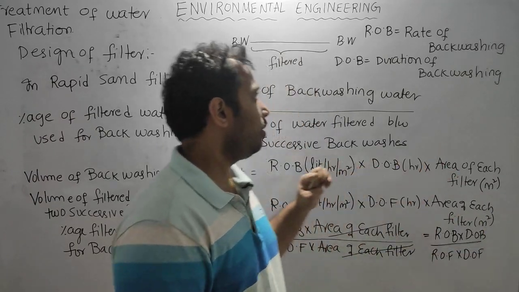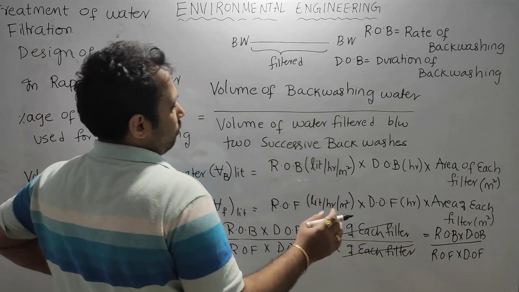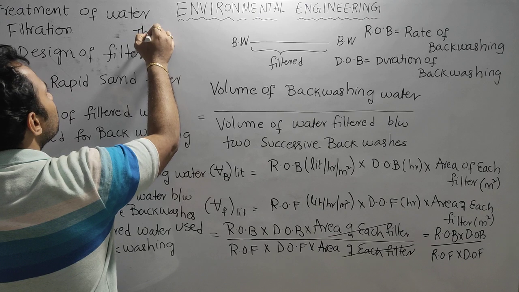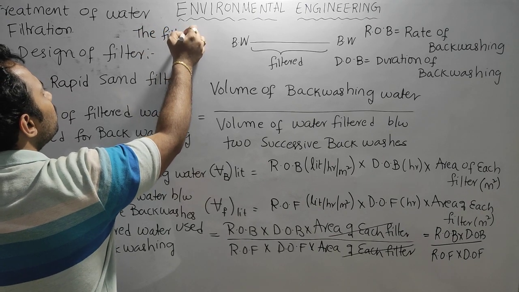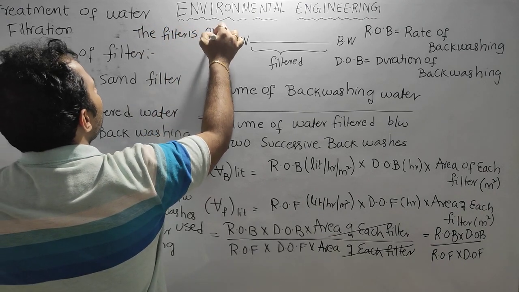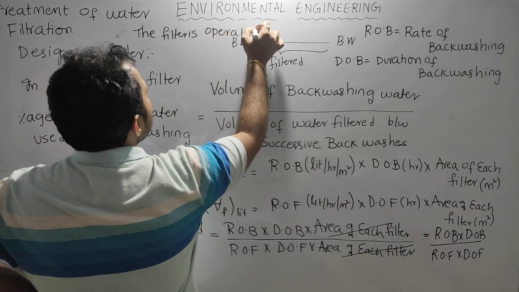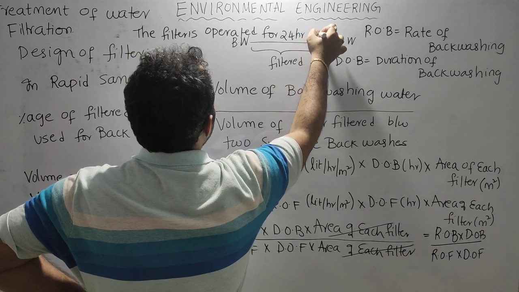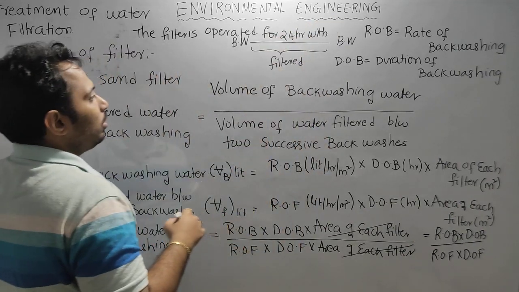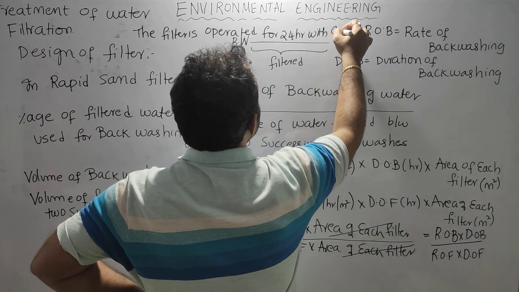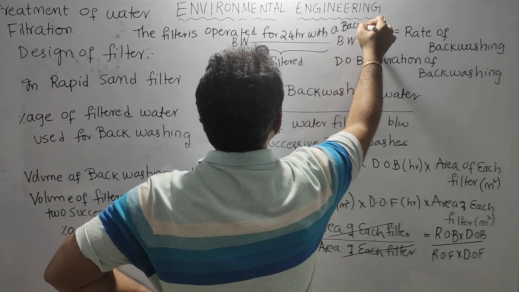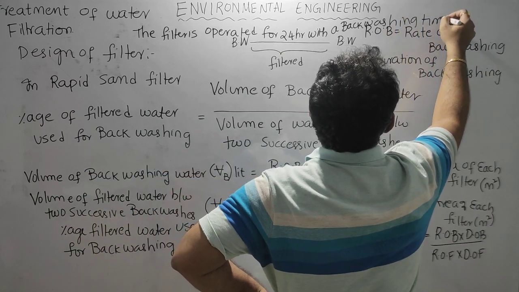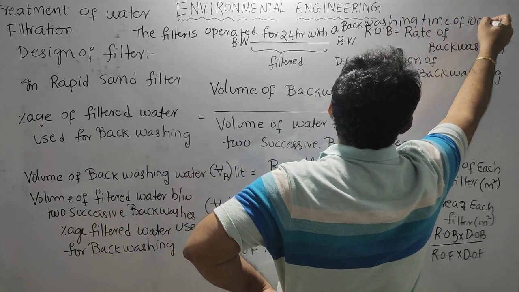Sometimes, one more thing very, very important here, they will say like this: the filter is operated for 24 hours with a maintenance period, or with a backwashing time, of 10 minutes.